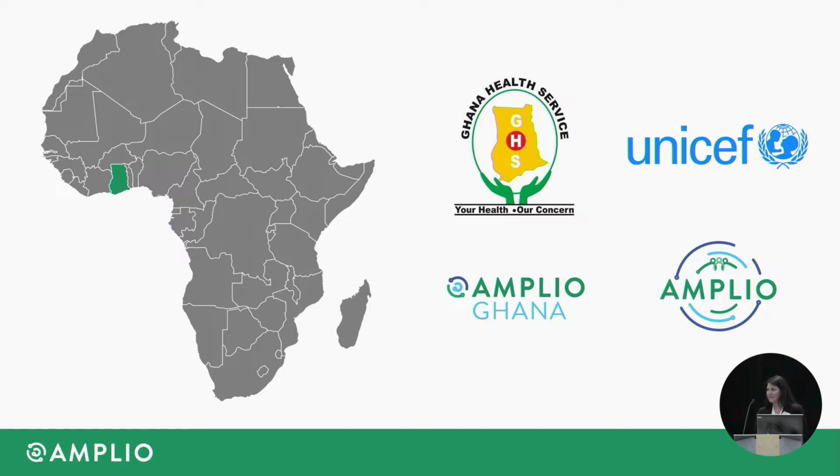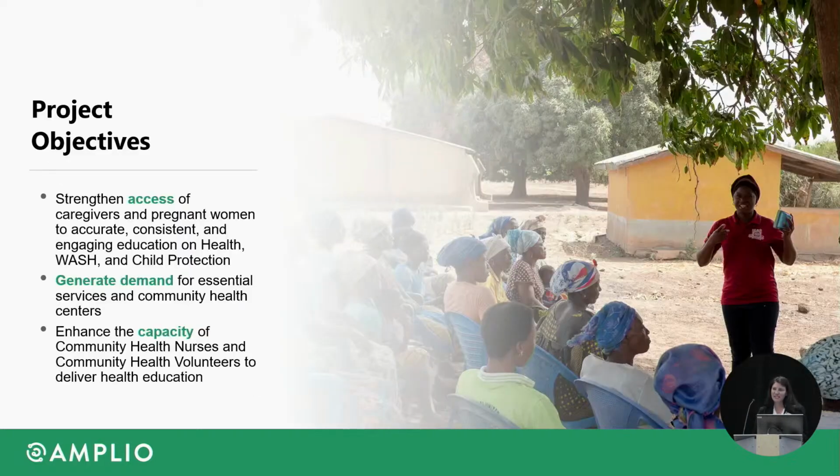And that project was implemented in partnership with Ghana Health Service, UNICEF, and Amplio, and it ran from 2019 to 2021. So the project was working with community health workers in the rural healthcare system, and we were really aiming to strengthen community members' access to accurate, consistent, and engaging education materials, and that was relating to health, WASH, and child protection topics.